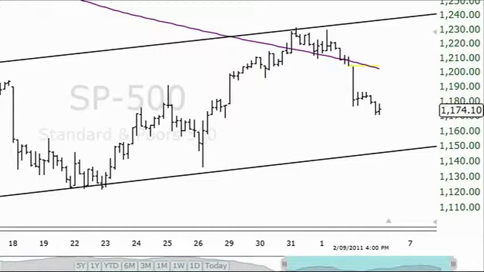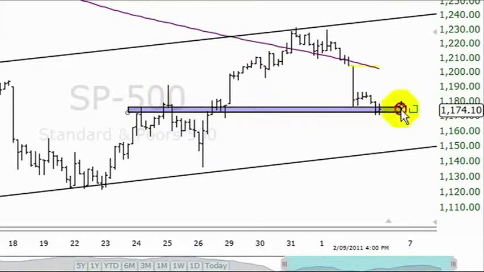We can see here that we have this resistance point, and then also we had this really good overall support level there. If I just take that level and go from here to up there, you can see that whole level through there is a really good strong resistance, and now a bit of support, and then it took off to the high side. That's exactly what we saw there.